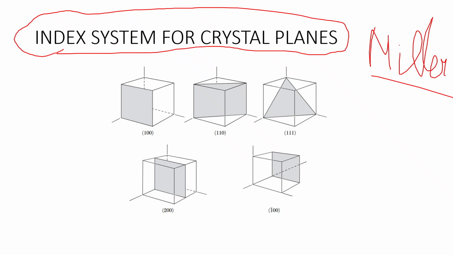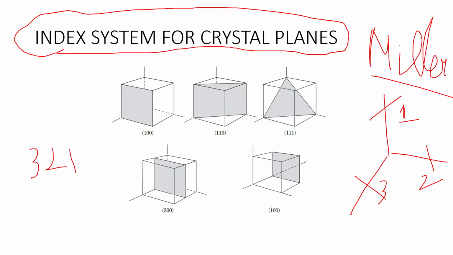Here, let me show you how Miller indices are made. You take a coordinate system. You cut the axes where your plane is lying. Then you take, for example, 3, 2, and 1 as the intercepts of the plane with these axes. You write it down like 3, 2, 1.